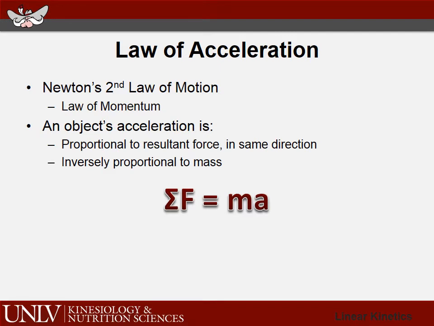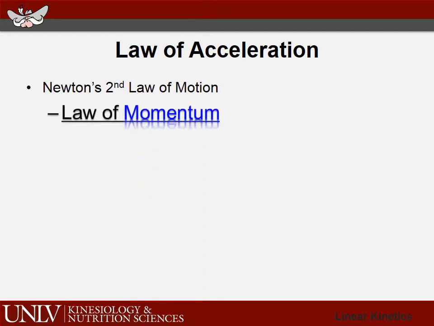But an object's acceleration, so the a of this equation, is proportional to the resultant force in the same direction and inversely proportional to the mass. So just rearrange the equation and you can see where these two phrases come from. But now let's talk about the law of momentum.